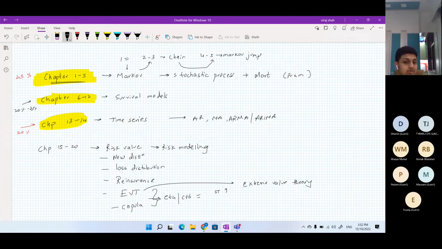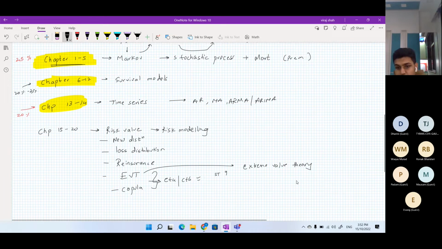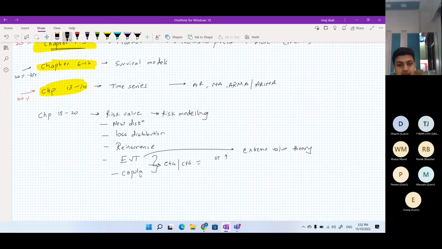With respect to copula, what do you mean by copula? Copula basically means integrating two distributions together in order to make your future outcome. Let me give you one small example to understand this. What impact would interest rate and inflation have with respect to your company's growth?